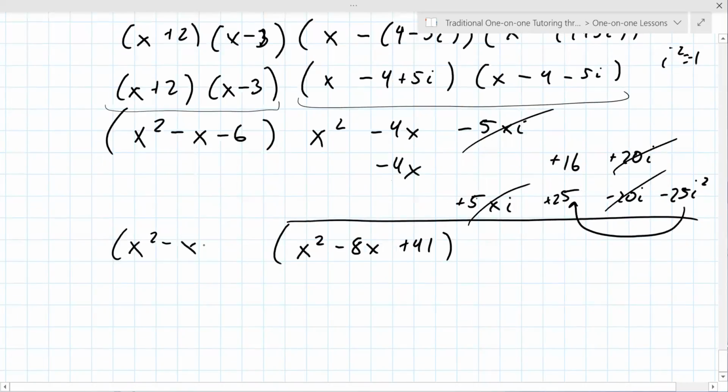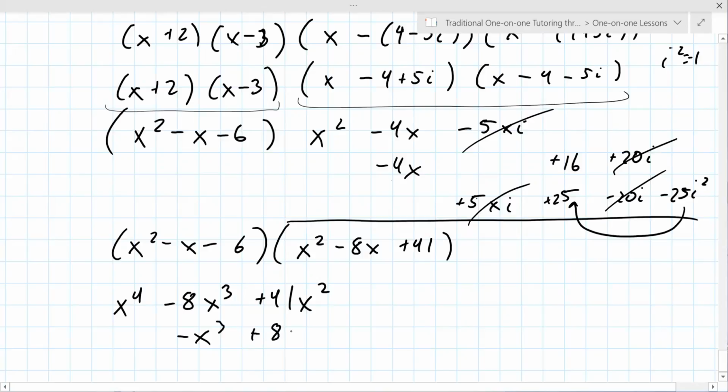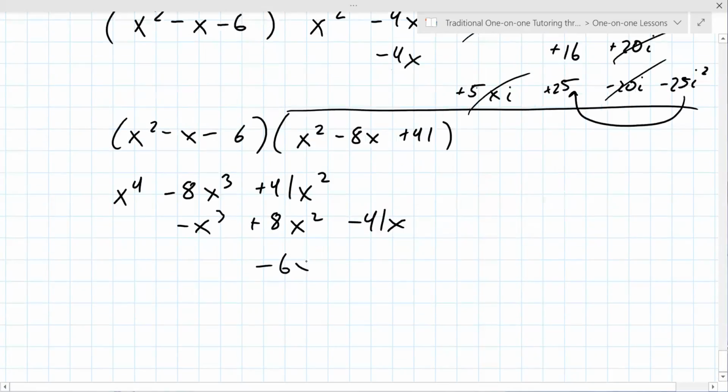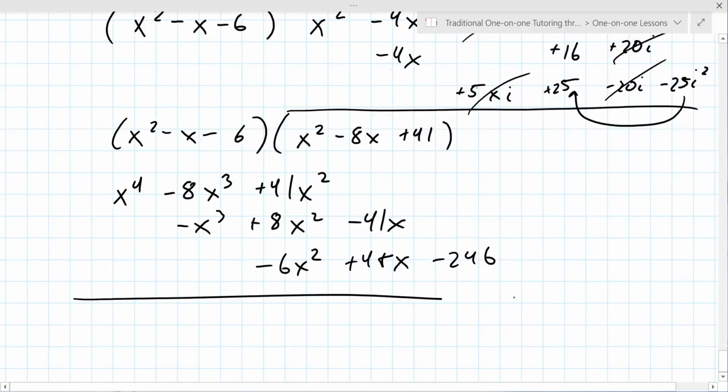And you still have to multiply these. So x to the 4th. Or you can go to an online tool and it'll spit out the answer for you, but we'll keep working on this. Then it's minus 8x cubed plus 41x squared, and then minus 6x squared plus 48x minus 246.